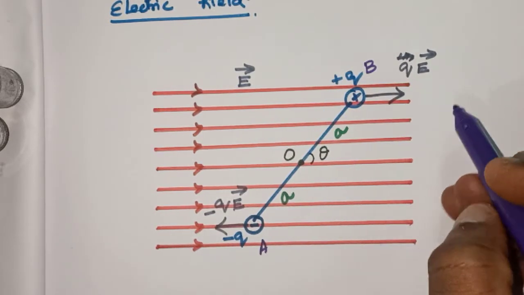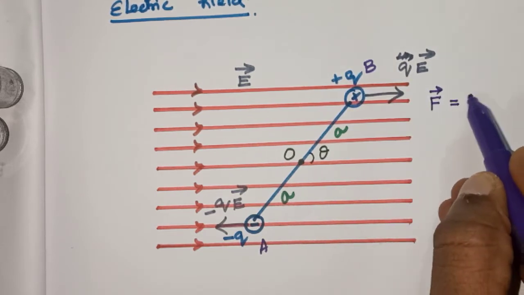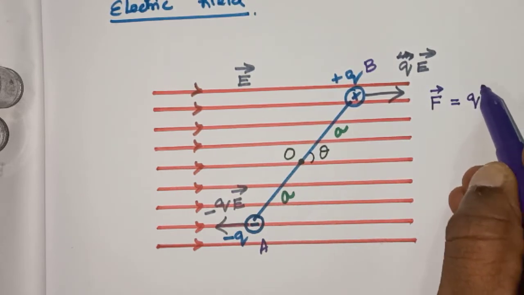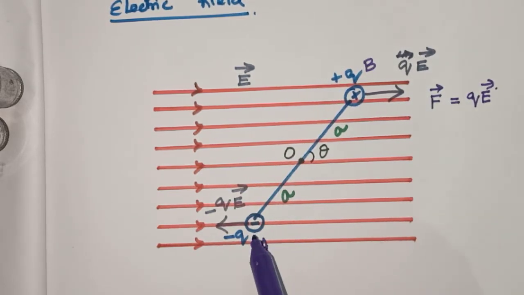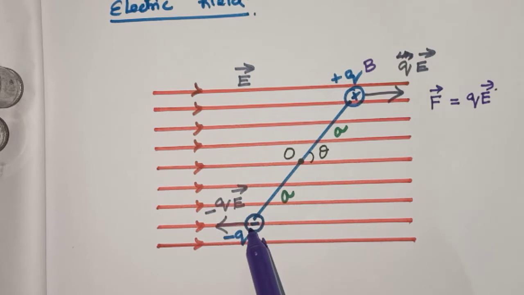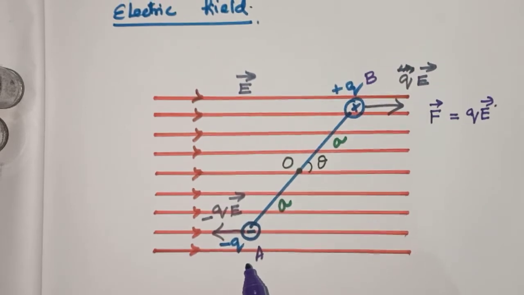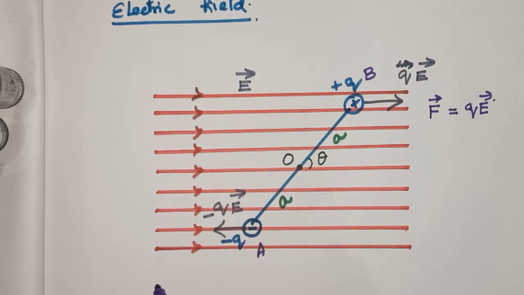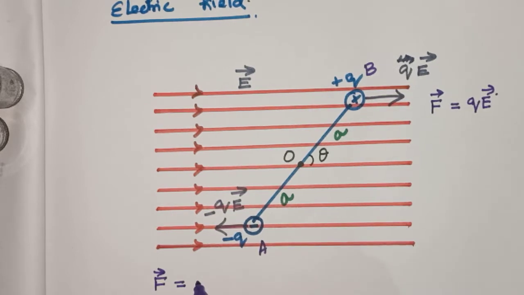Therefore the force can be written as F equal to QE vector. Similarly, here the negative charge is attracted opposite to the electric field, so the force is F equal to minus QE vector.